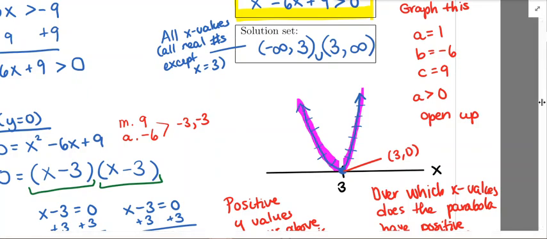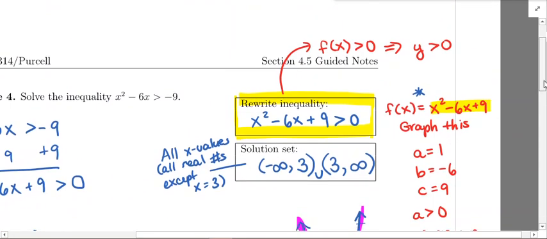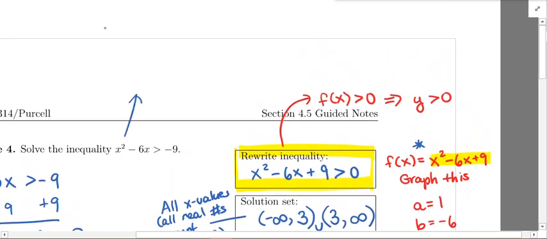So basically any x value in the world, decimals and fractions included, is going to make this inequality a true statement except x equals 3 itself. And you can check this. Watch what happens if I plug in x equals 3. I get 3 squared minus 6 times 3.